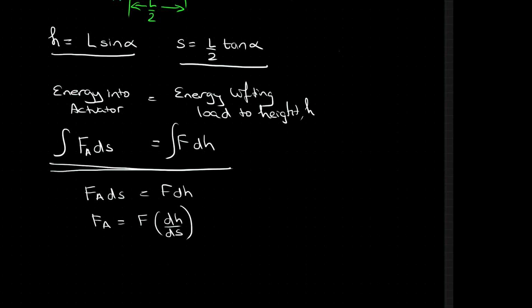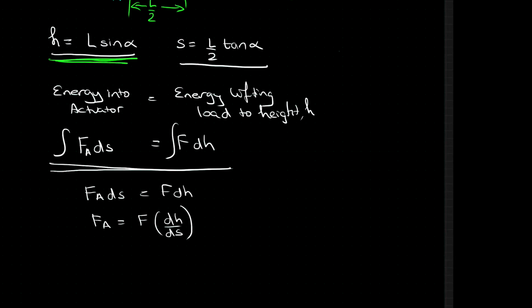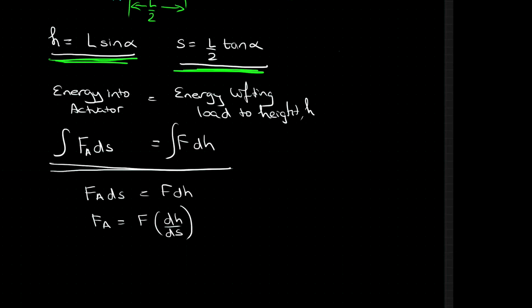And dH by ds is something that we can find because we have H, which is shown here, and we've also got S. But the only thing is, both H and S are in terms of alpha. So we can use the chain rule to rewrite dH by ds.